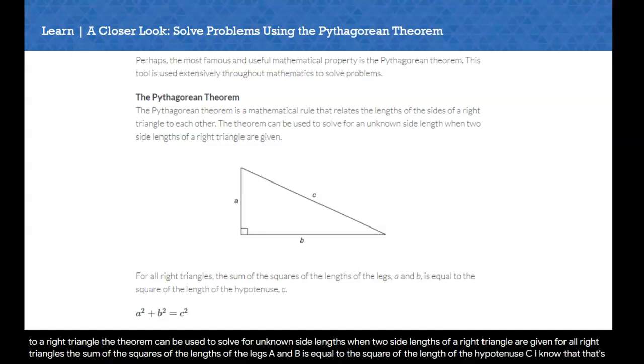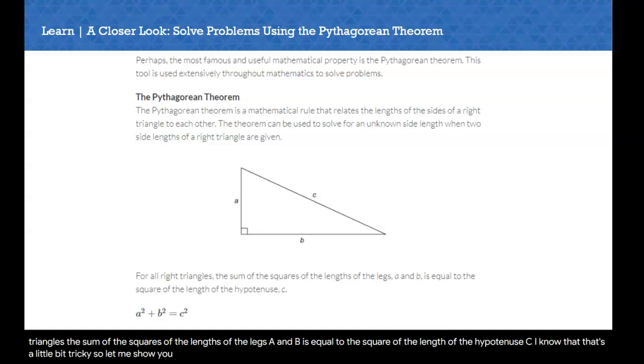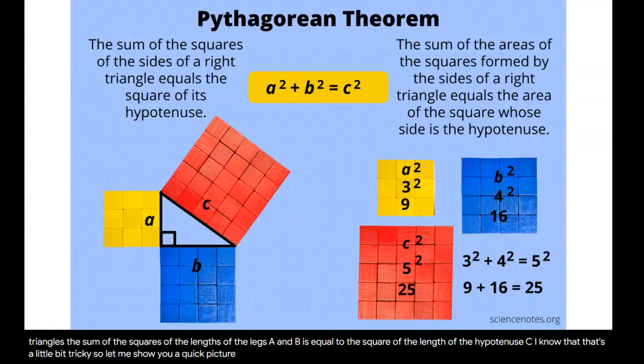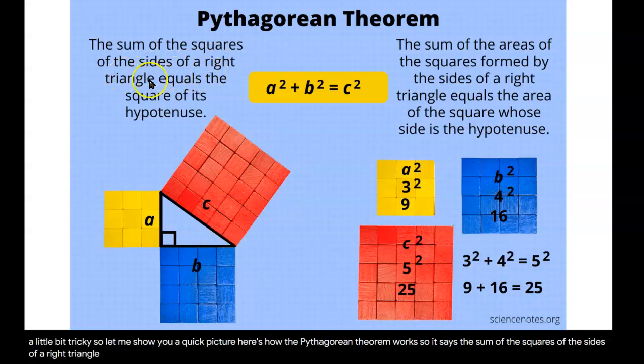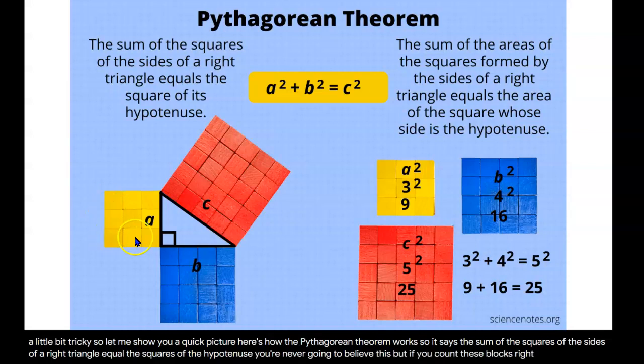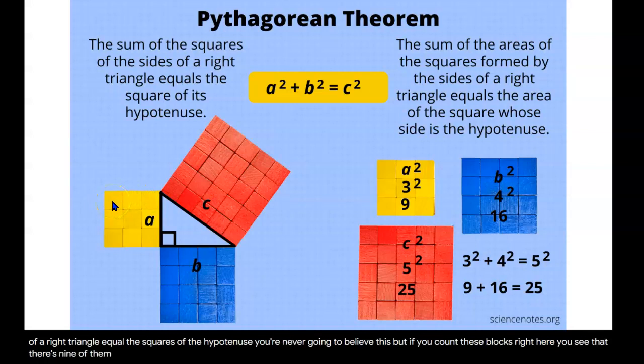I know that that's a little bit tricky, so let me show you a quick picture. Here's how the Pythagorean theorem works. It says the sum of the squares of the sides of a right triangle equal the square of the hypotenuse. You're never going to believe this, but if you count these blocks right here, you see that there's 9 of them.